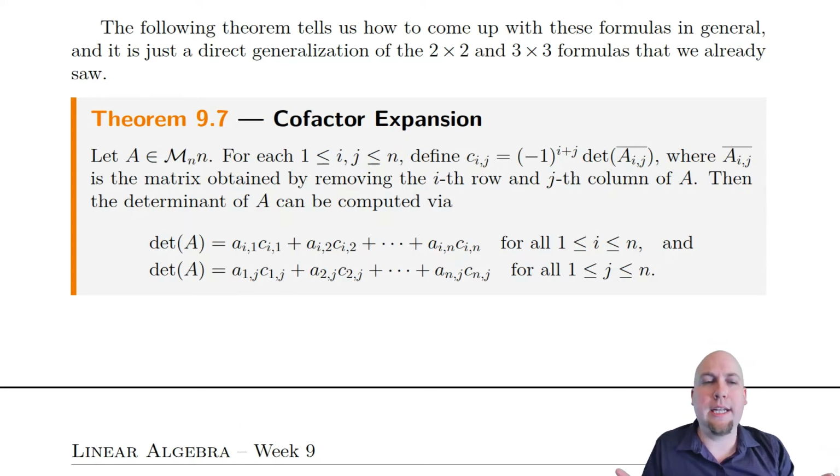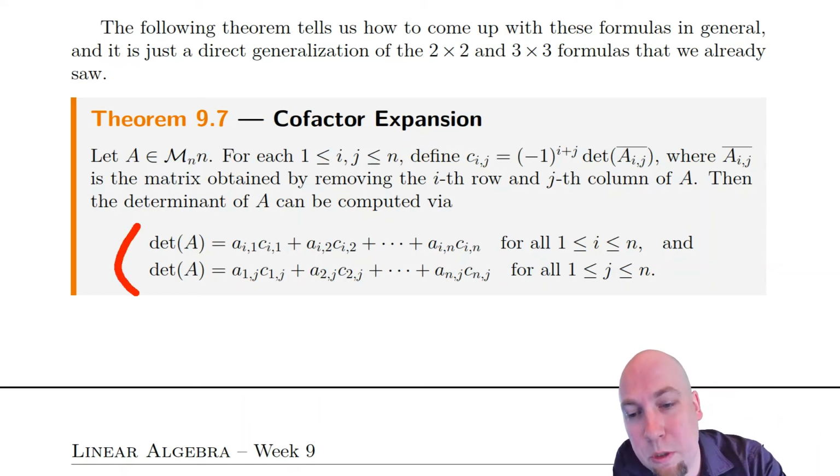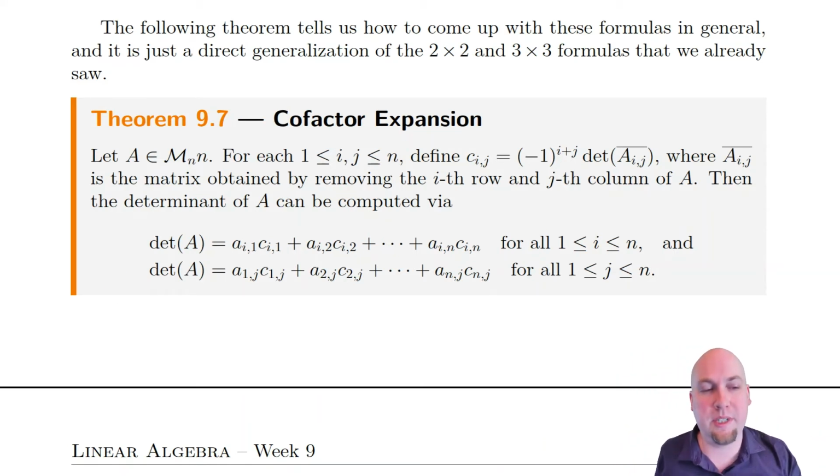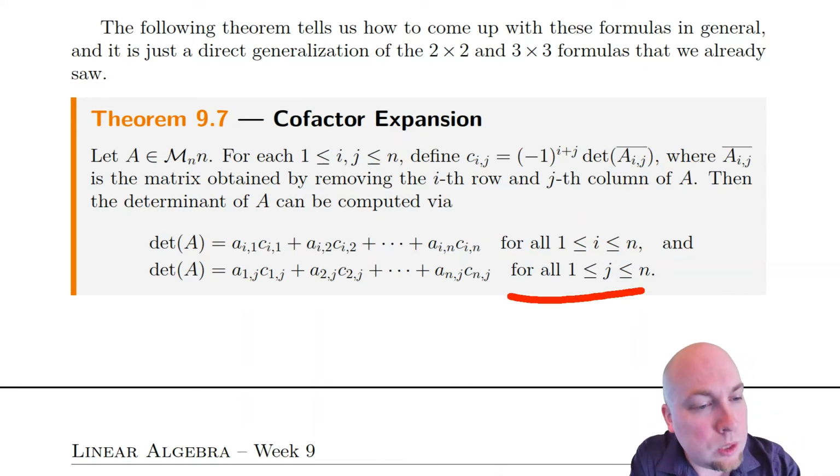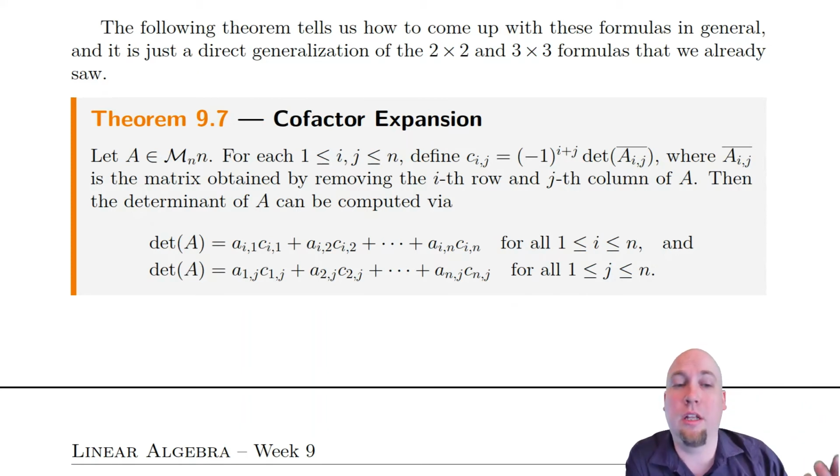And I'm kind of inclined not even to read the statement of the theorem here, because this is something that is done so much better via example rather than trying to actually parse all of these symbols here. All right, but let's go through it just a little bit. The way this theorem works is it gives you a whole bunch of different formulas for the determinant of a matrix. It gives you one formula corresponding to each row of the matrix and one formula corresponding to each column of the matrix.